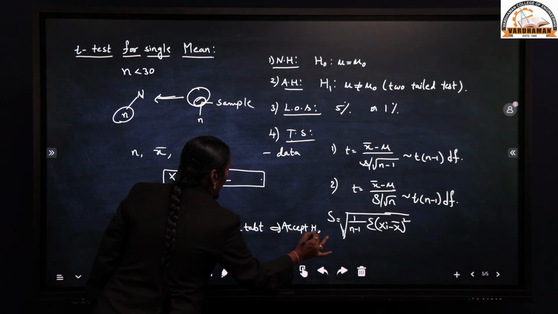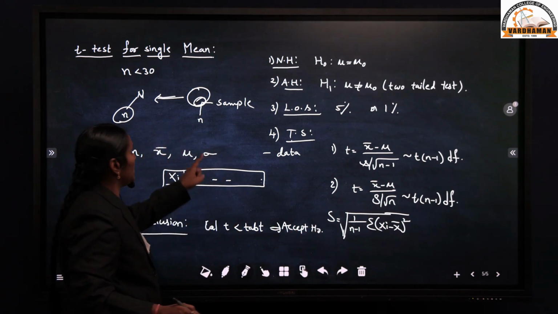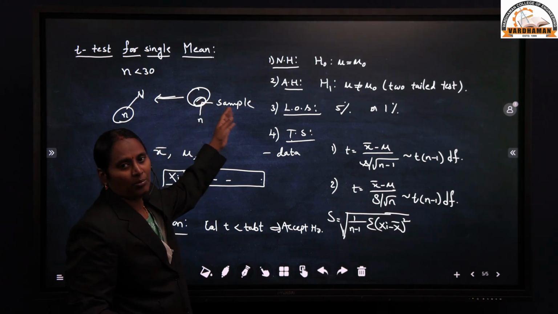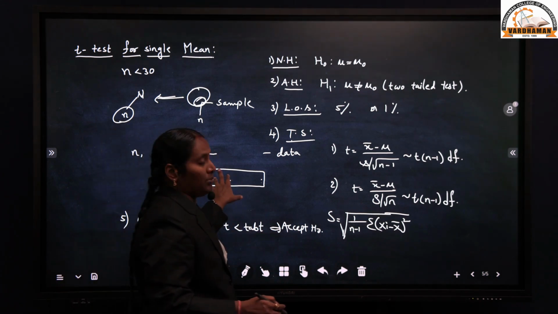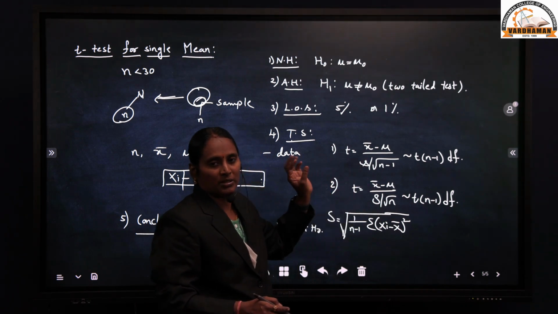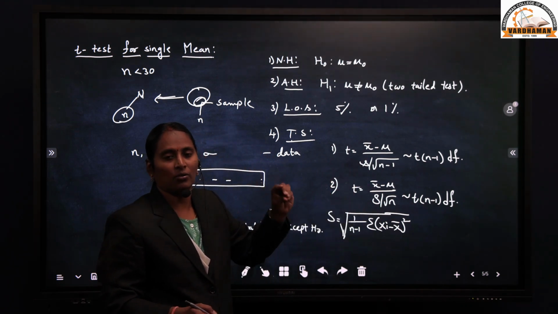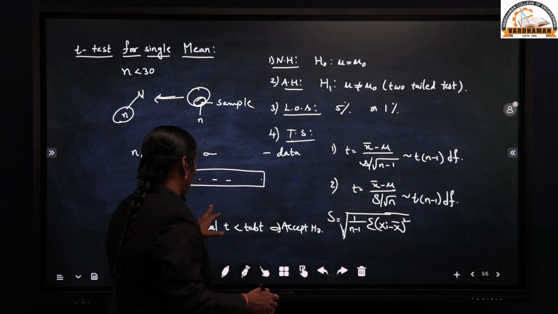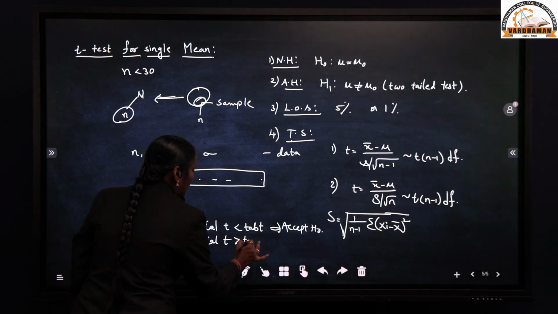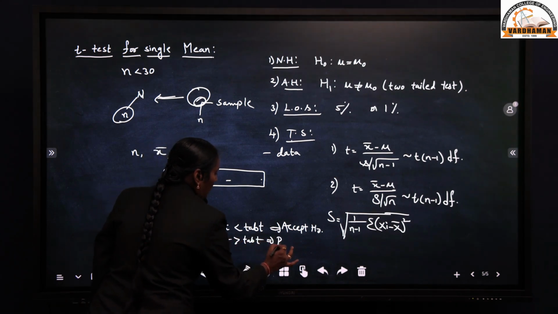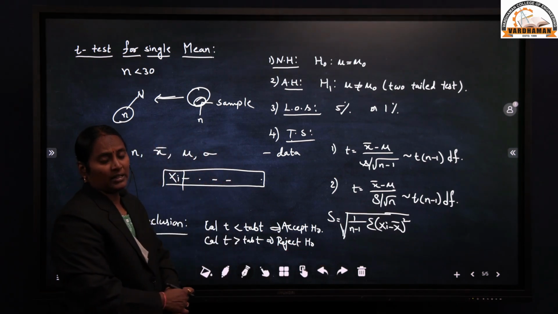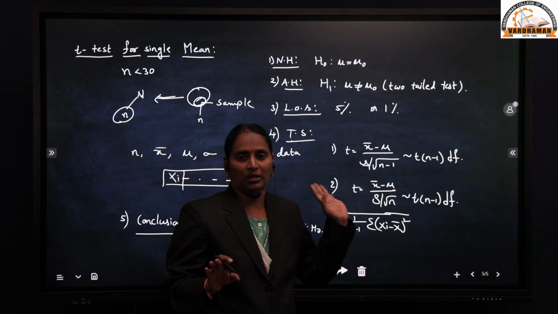It means this small sample has been drawn from the same normal population, or otherwise there is no significant difference in the given data. So the data we collected is correct and we can go ahead with the analysis. If the calculated value of t is greater than the tabulated value of t, we reject H naught, which means there is some significant difference in the given data.